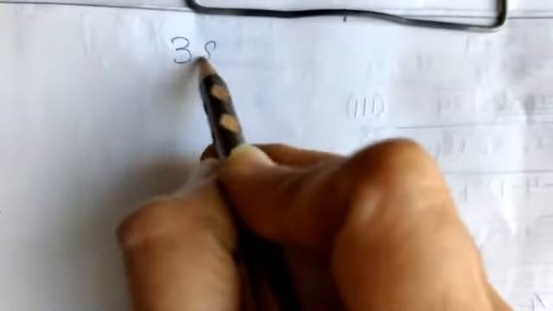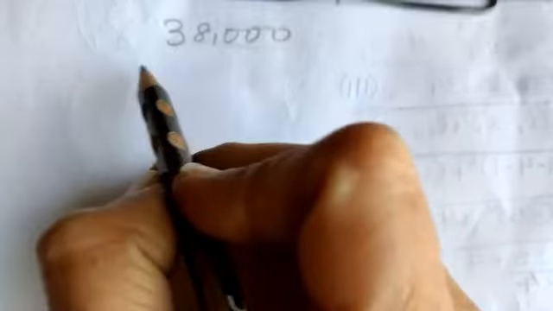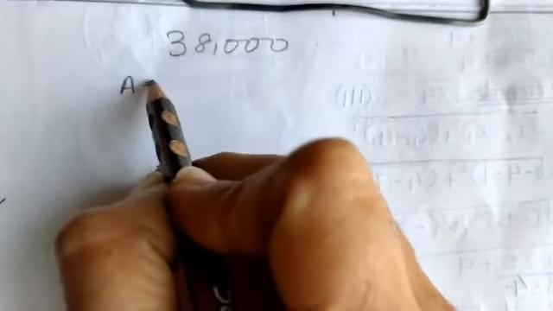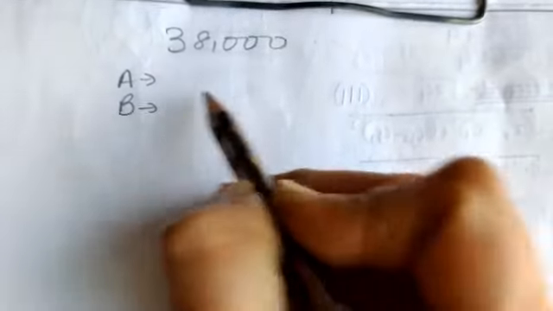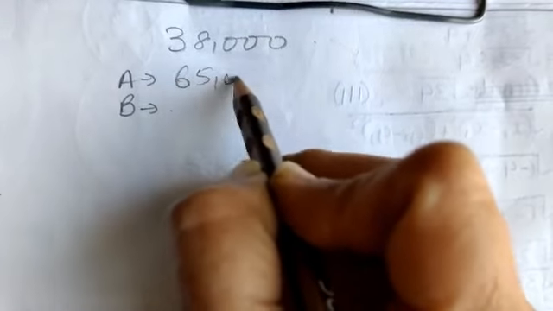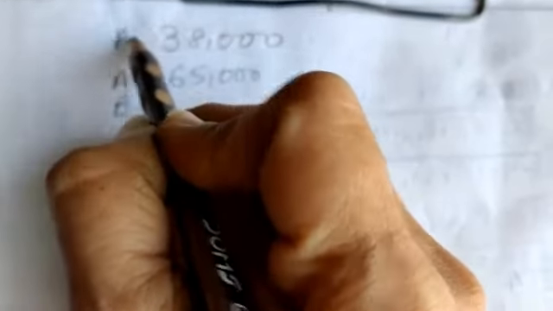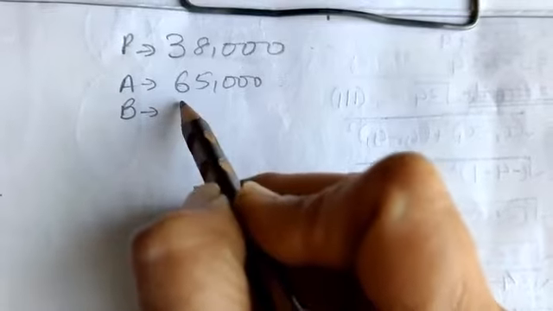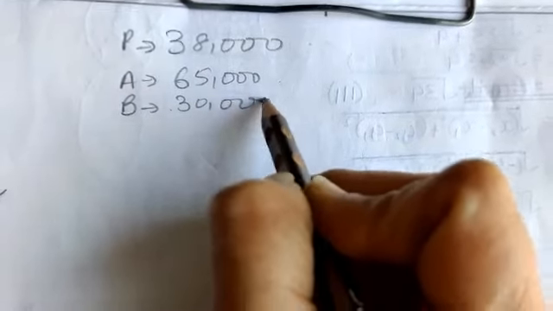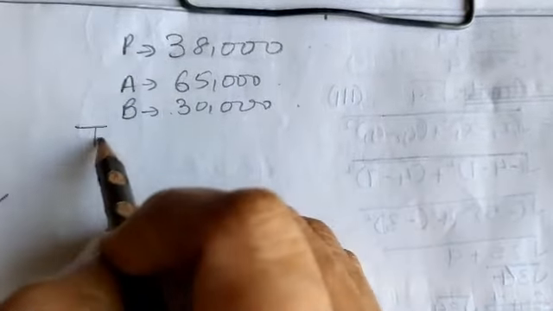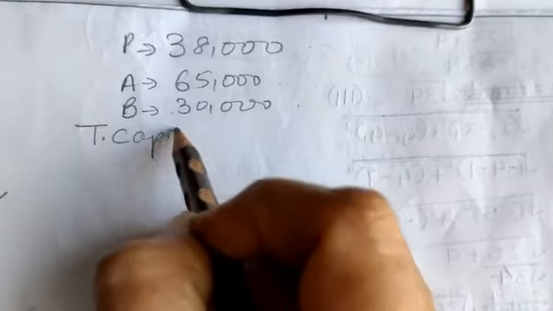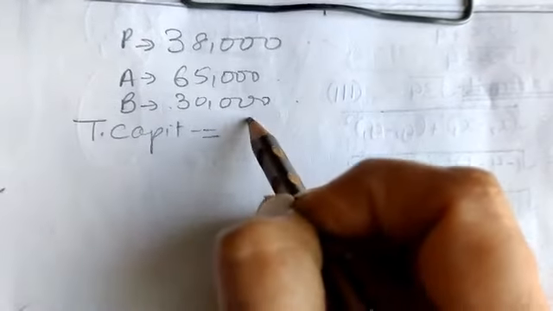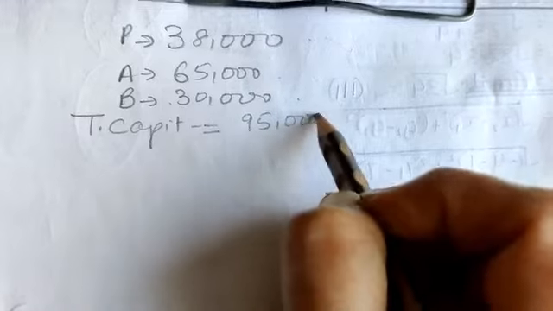If a profit of 38,000 has been made from the capital invested by A and B, A invested 65,000 and B invested 30,000. Okay, so the total capital is equal to 95,000.